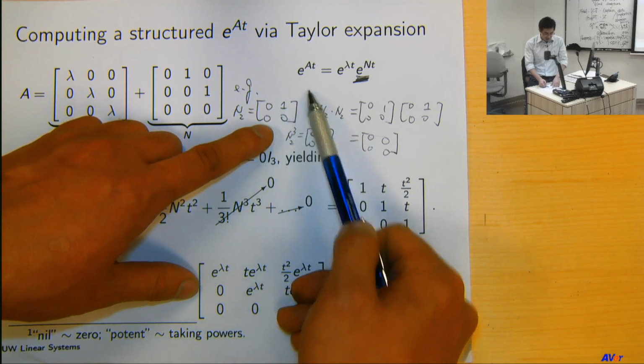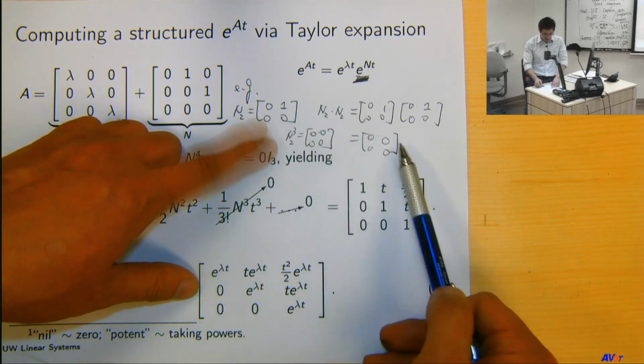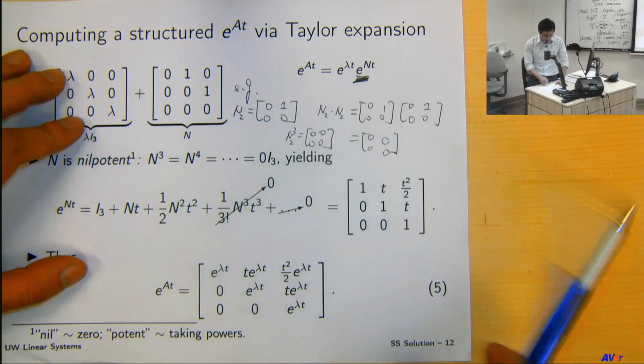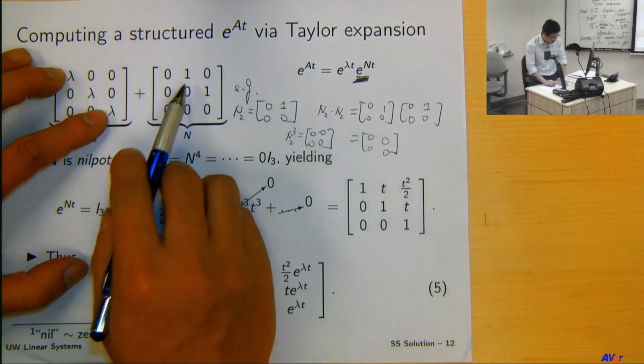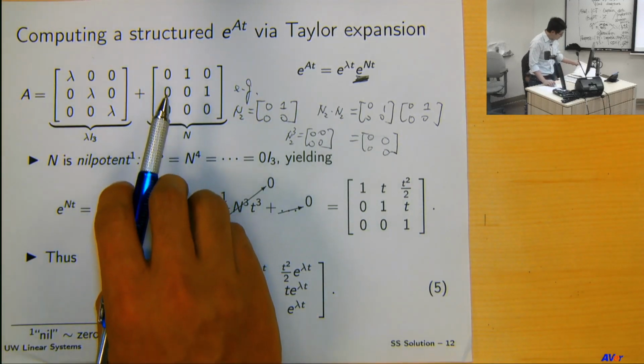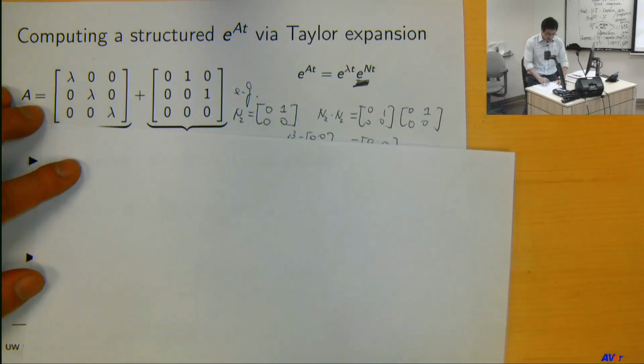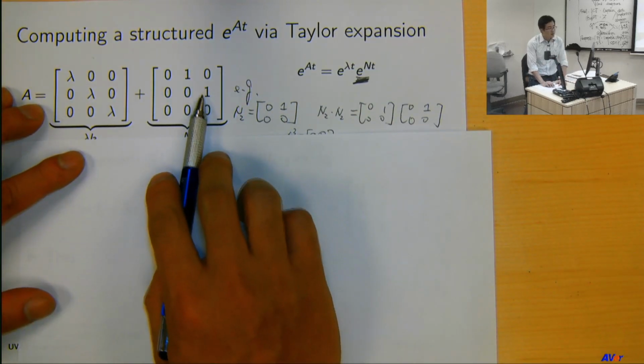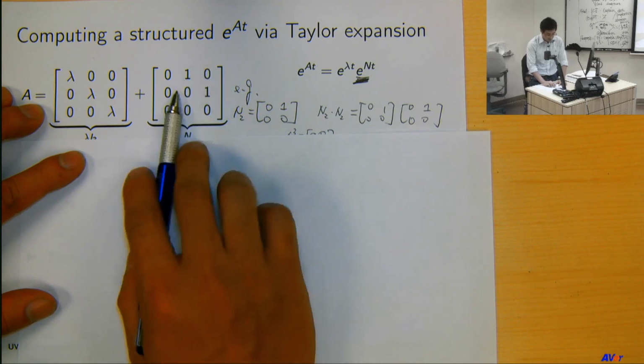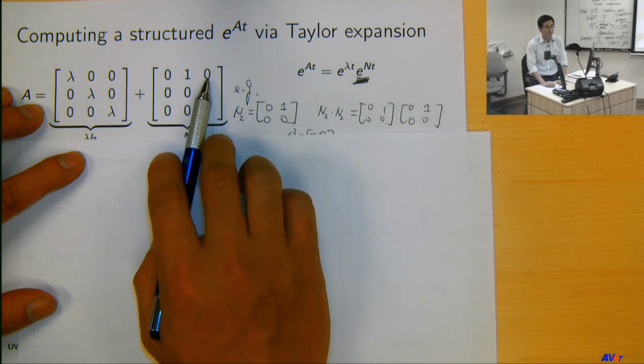So it falls out of the 2 by 2 matrix. It becomes 0. All right? For this one, it's exactly the same thing. For this 3 by 3 case, you can see the non-zero elements march towards the top right until they disappear.